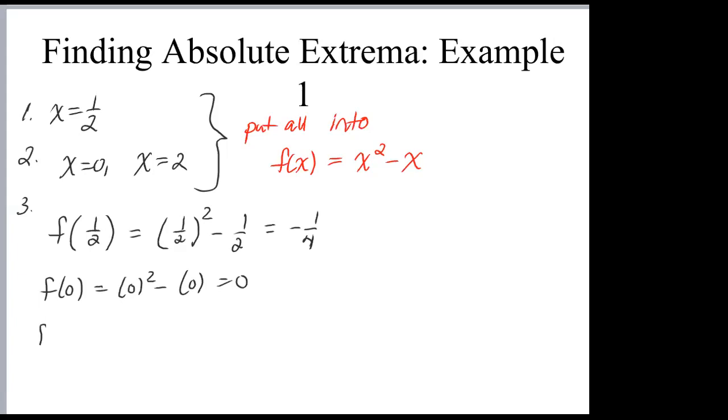And then f of 2 is equal to 2 squared minus 2, which is equal to 2. So there's my list of possibilities. This is the largest y value. This is the smallest.